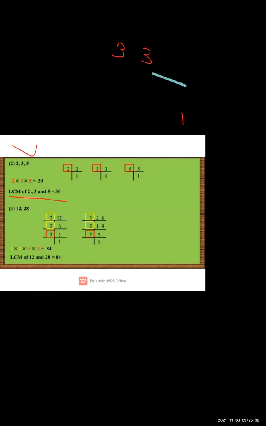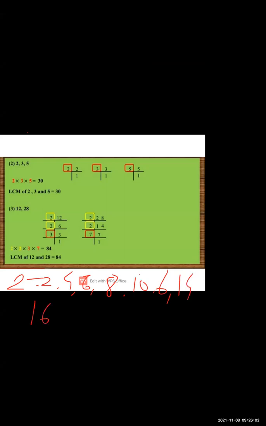Now, first you have to write directly the multiples of 2. 2 1s are 2, 2 2s are 4, 2 3s are 6, 2 4s are 8, 2 5s are 10, 2 6s are 12, 2 7s are 14, 2 8s are 16, 2 9s are 18, 2 10s are 20. Here you will go up to 10 only. So this method is easy.